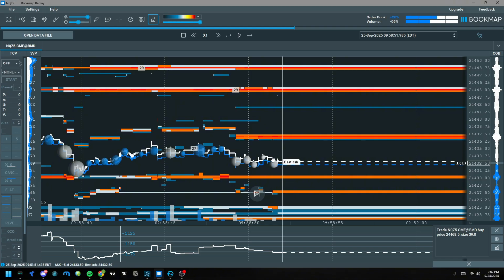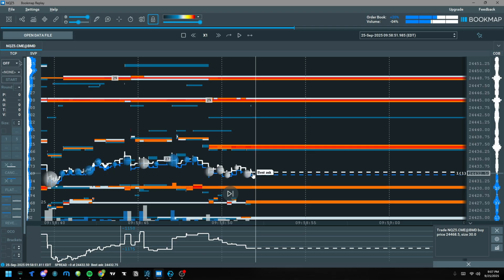There are many ways you could have done that. You could have waited for price to trade into this 436.5, 437, and if you see that buyers show no sign of getting absorbed, you could have taken your fill there.